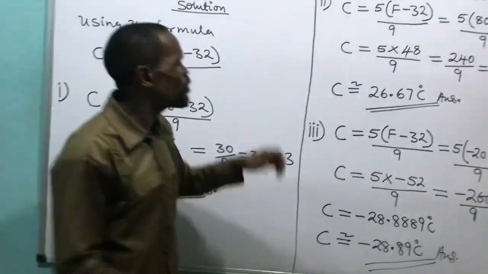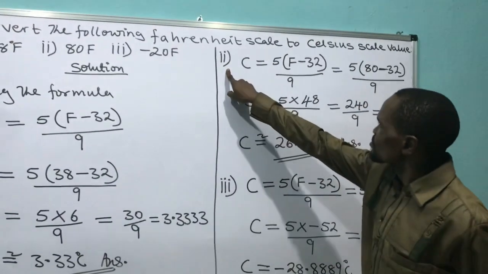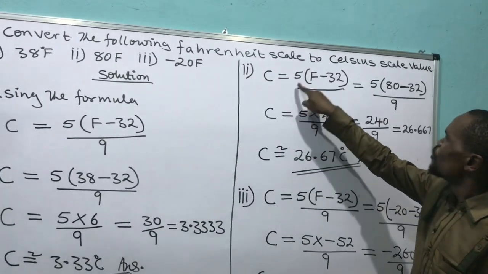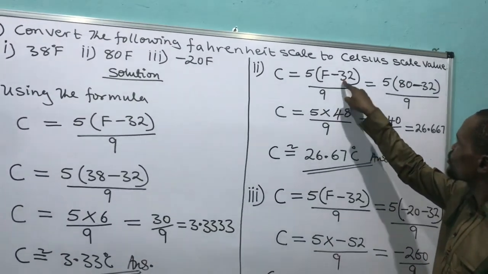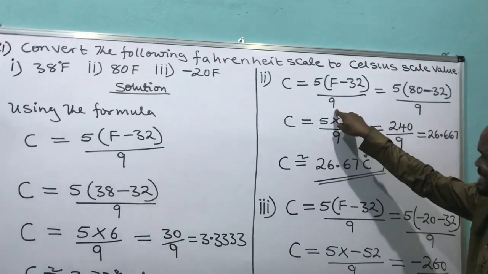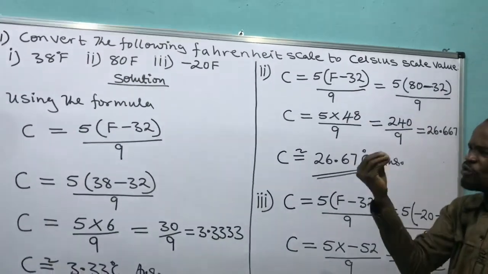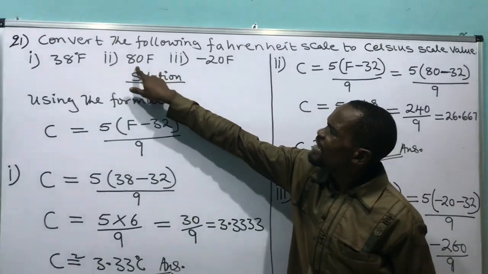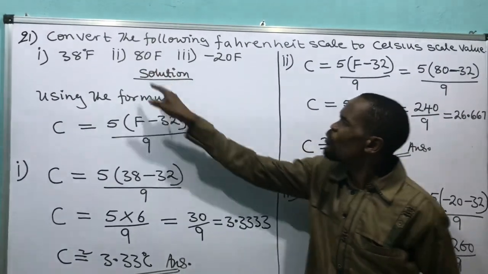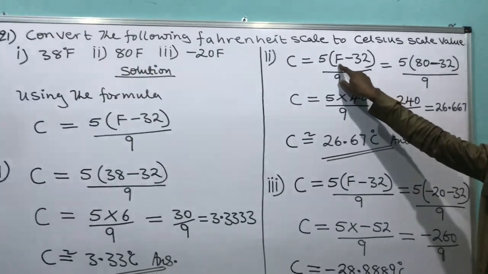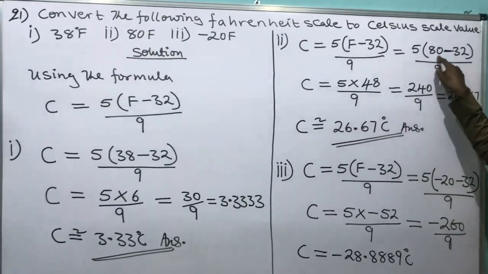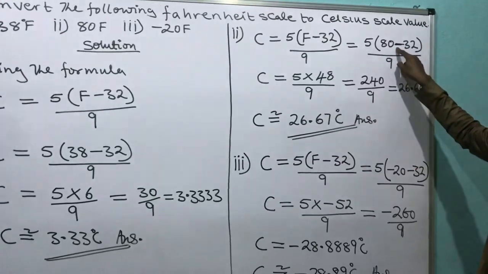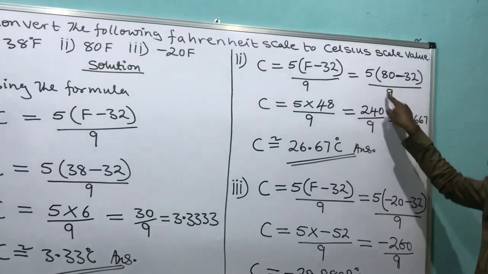Then, coming to question number 2, I'm using the same equation, which says 5 into F minus 32 over 9. This F represents the value in Fahrenheit, and the value in Fahrenheit here is 80. So I will remove this F and put 80. Have you seen it now? It becomes 80 minus 32 times 5 over 9.